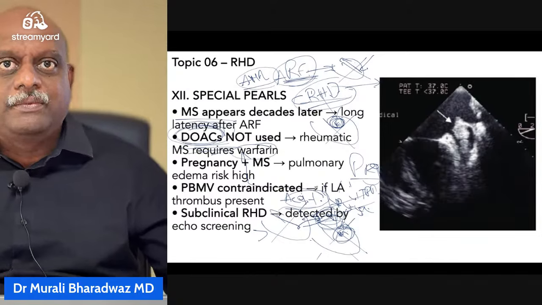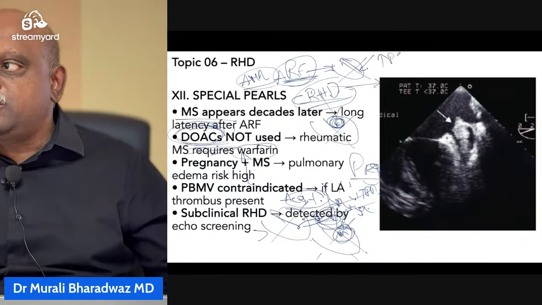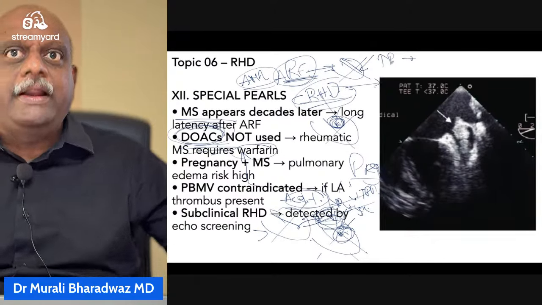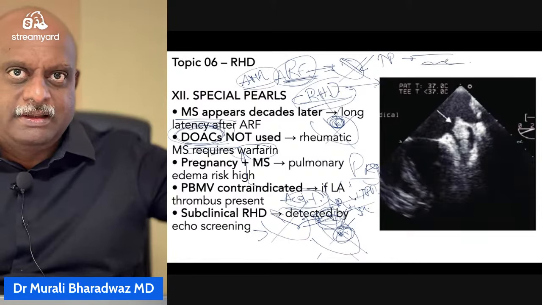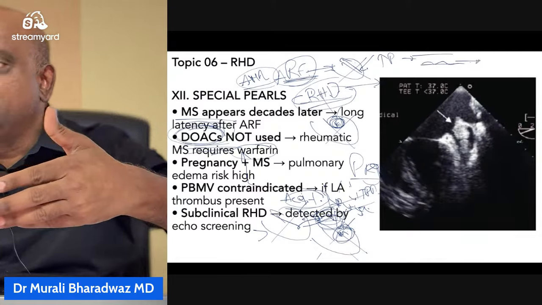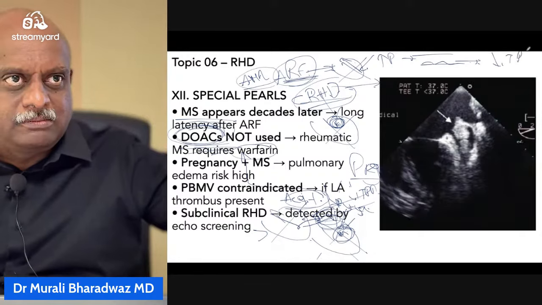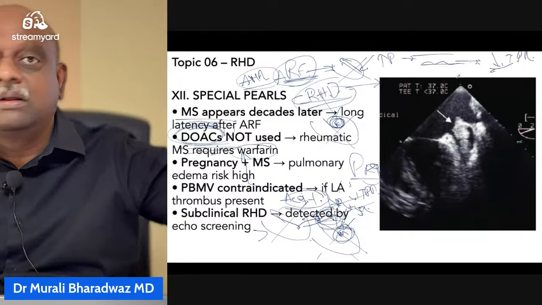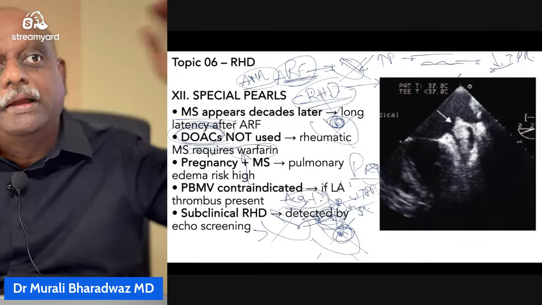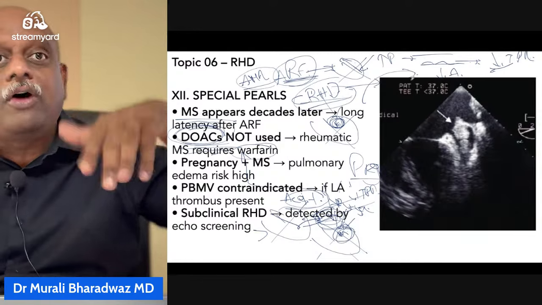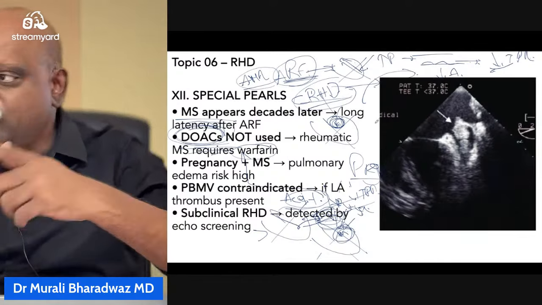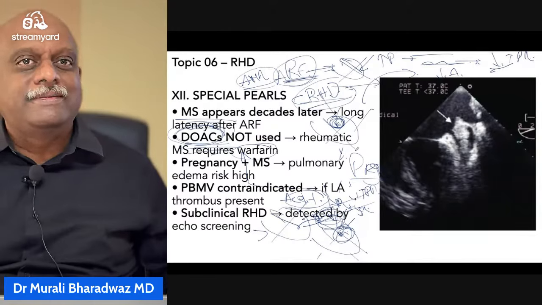Once more, high progesterone in pregnancy leads to smooth muscle relaxation of the blood vessels, leading to fall in the TPR, leading to decreased afterload, leading to improved forward flow, leading to decreased backward flow.